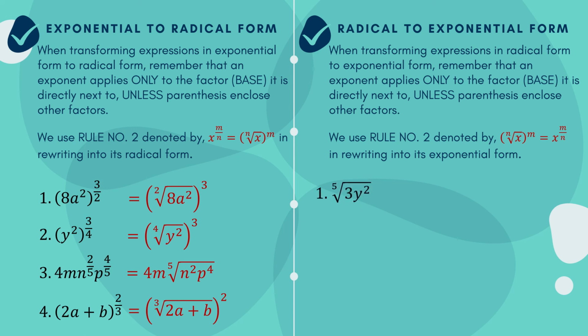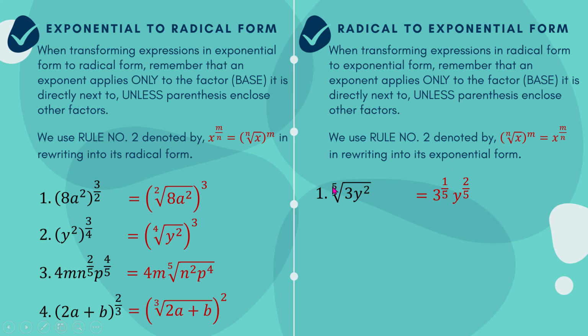Example 1. The given is fifth root of 3y squared. So, unsay nasud sa radical symbol? Ang 3y squared. So, pila ang exponent sa 3? Obviously, 1. So, therefore, ang base nga 3, doon na siya'y fractional exponent nga 1 over 5.